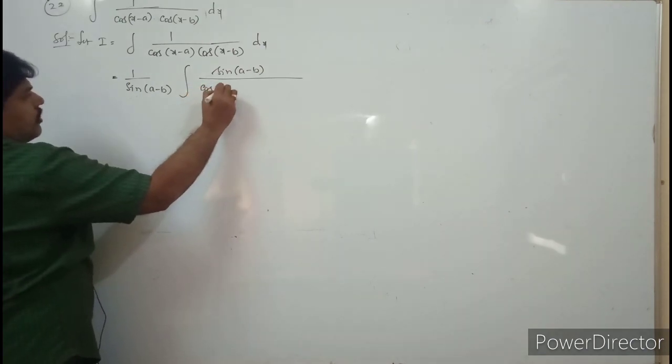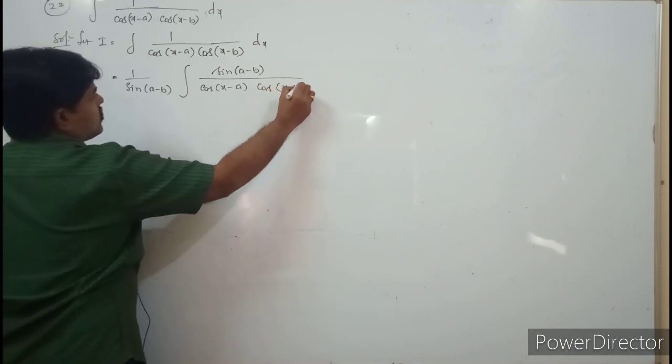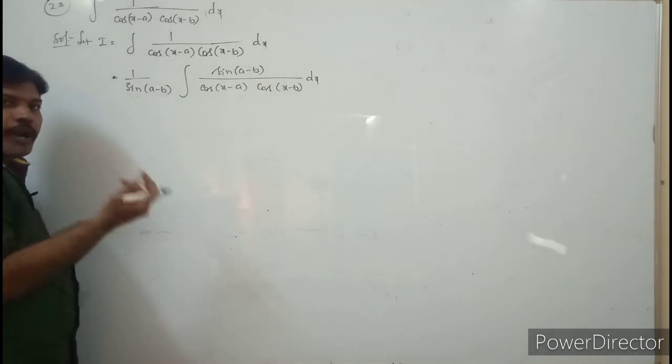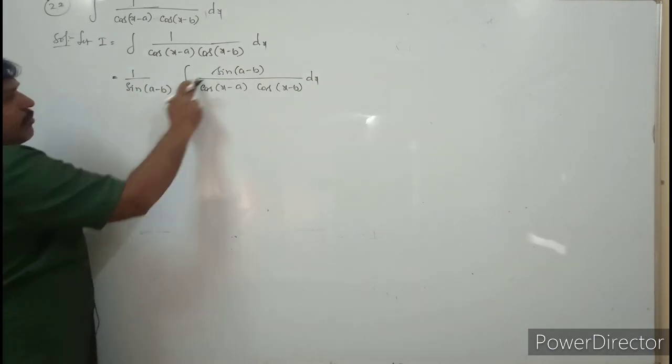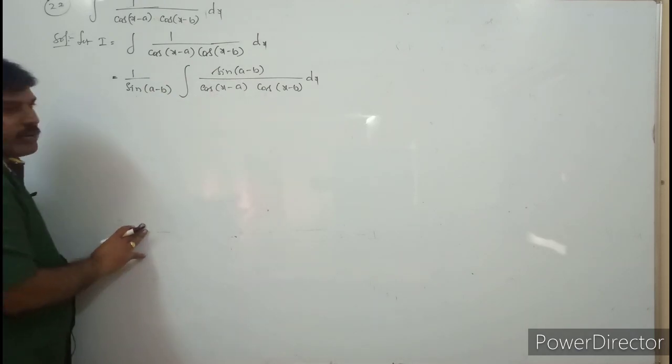Just I multiplied and divided with sin of a minus b, that's all. So 1 by sin of a minus b into integral of sin of a minus b by cos of x minus a into cos of x minus b.